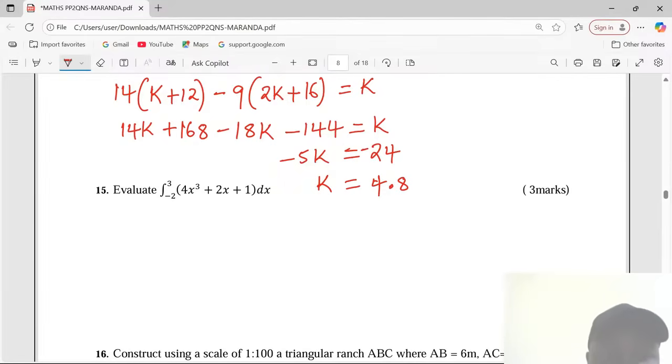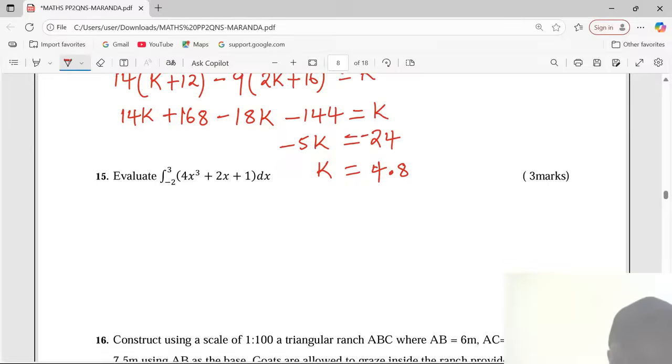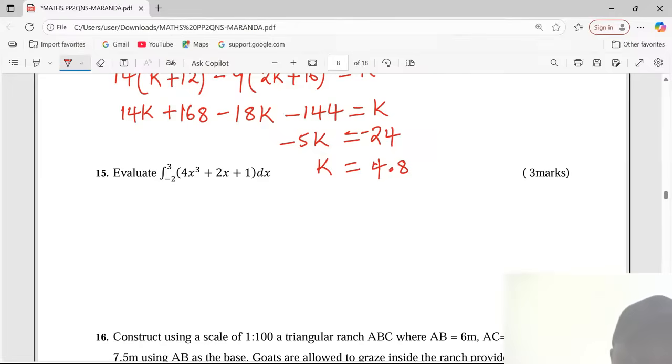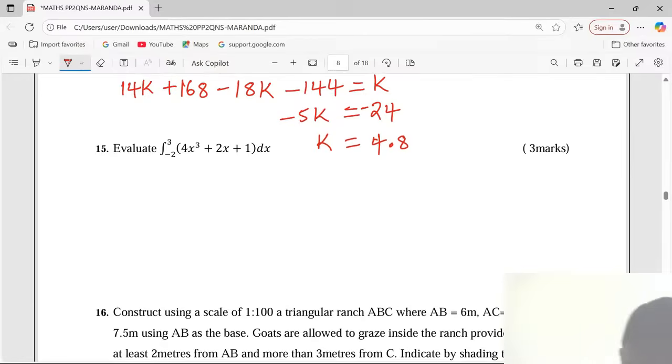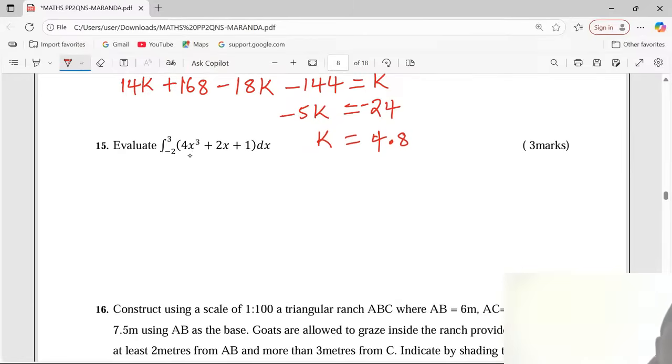Number 15, we are going to evaluate. So this means integrate from -2 to 3, 4x power 3 plus 2x plus 1 with respect to x. So we integrate the first term, which is 4x. The power increases, x becomes power 4, and the new power divides everything that way.